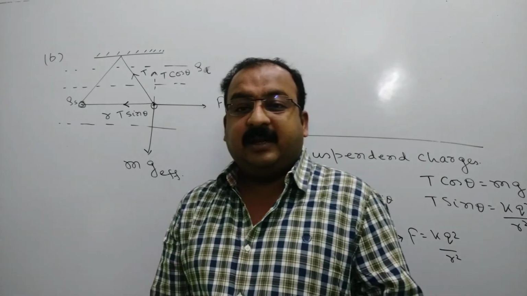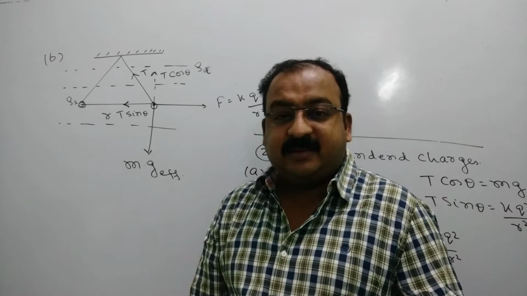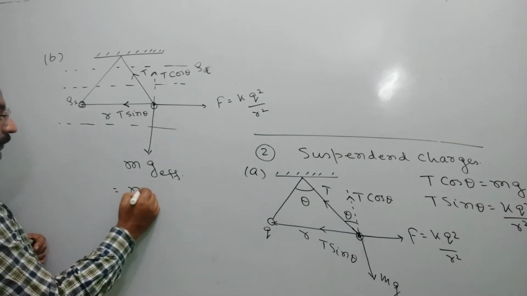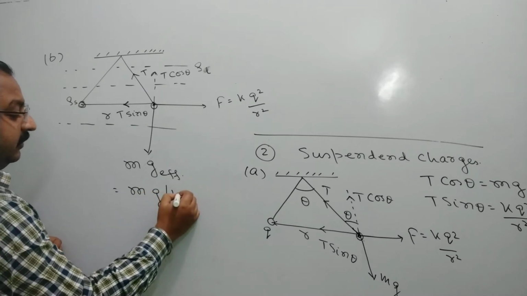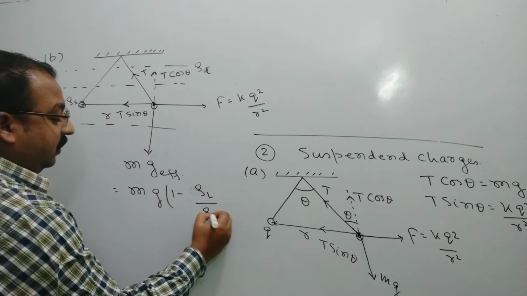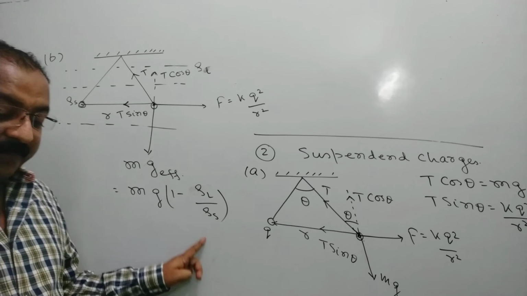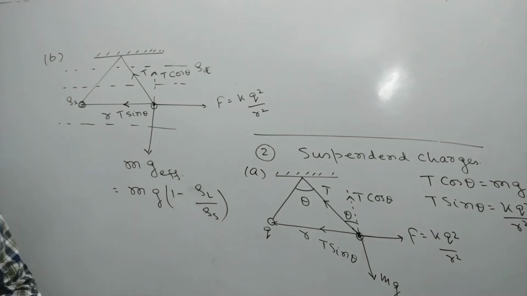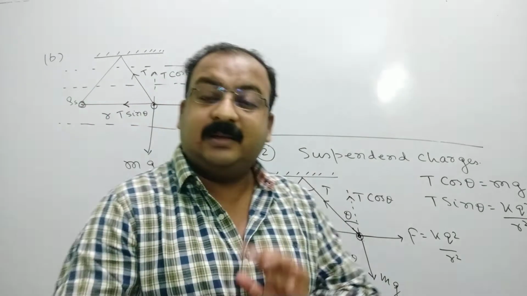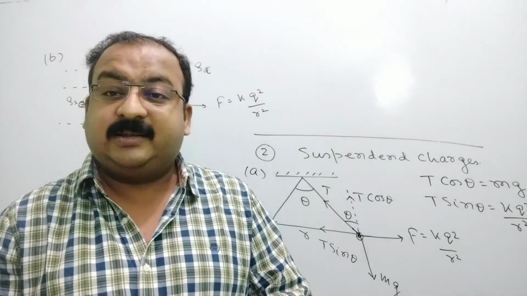In the chapter of fluid mechanics, we have studied that g effective can be calculated as g effective equals g times 1 minus rho L by rho S, that is, the density of liquid upon the density of the solid. Here we are considering static charges. You must keep this in mind.